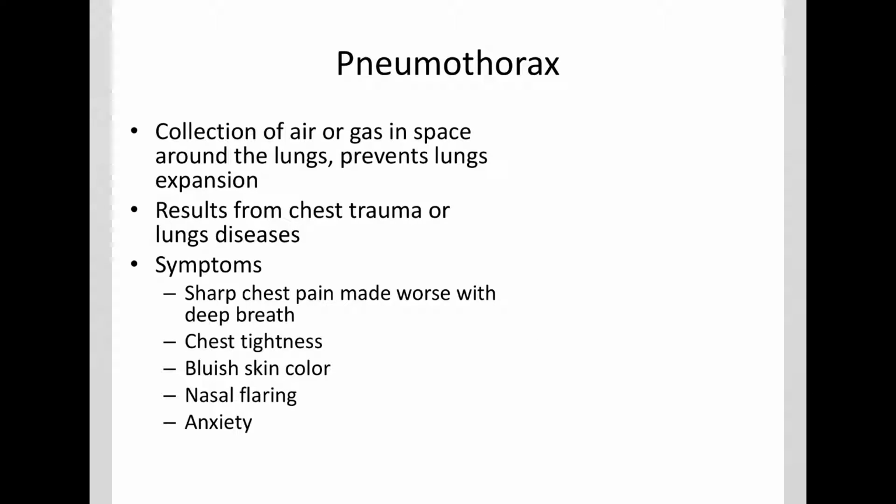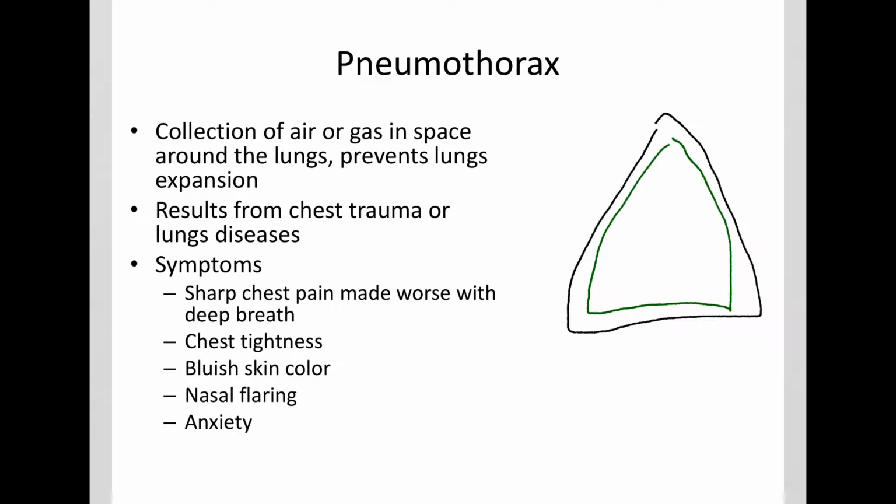A pneumothorax. So this is when air gets into that pleura space. In this drawing, we have our lung in here, and then we have our lung right in here, and we have our pleura space right there. What can happen? There can be some sort of protrusion of the chest wall, so a breaking of the chest wall, or something gets stabbed into the chest wall.